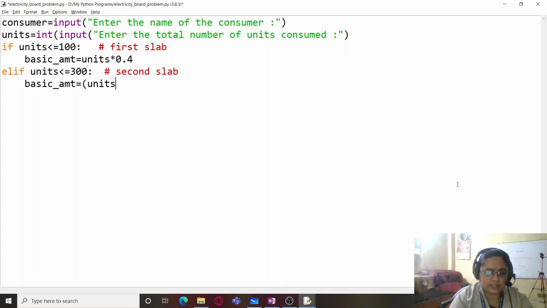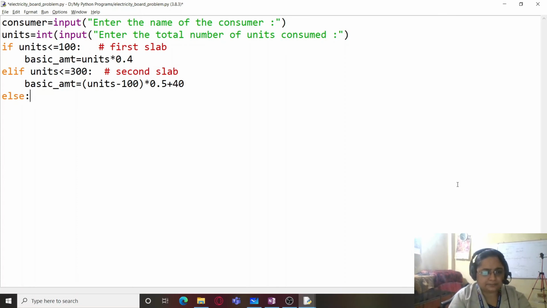So I'll write units minus 100 into 0.5, which is the amount for each unit, plus the fixed charge for the first slab, that is 40.